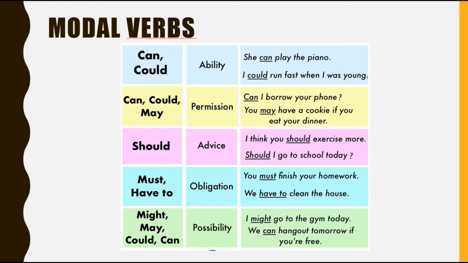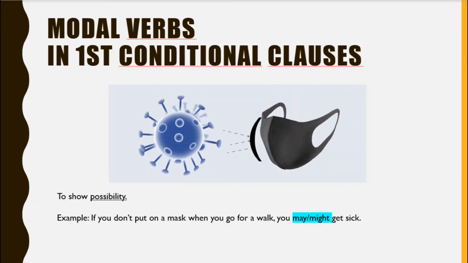Let's see some examples of modals in first conditional sentences. If you don't put on a mask when you go for a walk, you might get sick. In pandemic times, a person with a mask on is likely not to get infected by the virus.